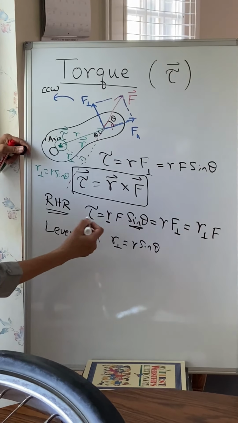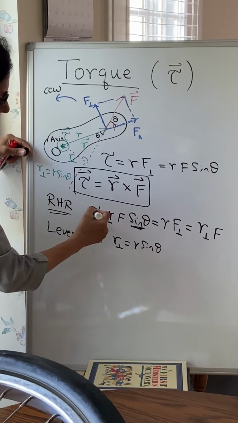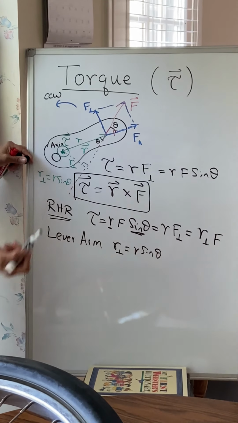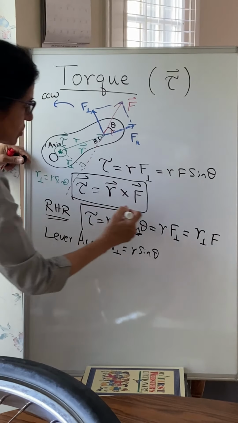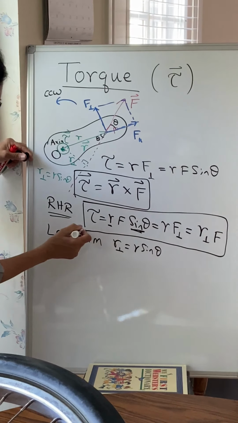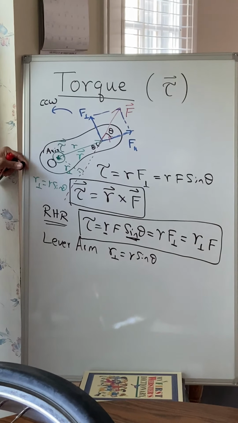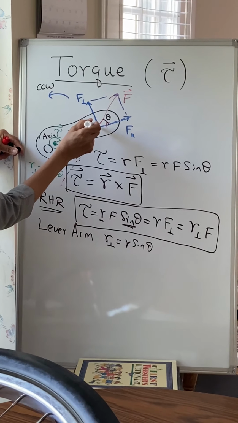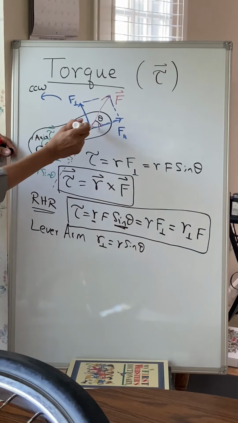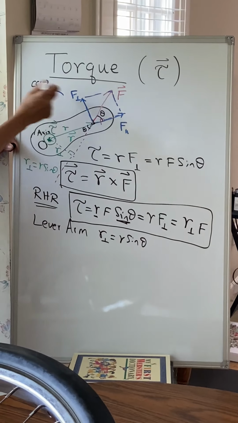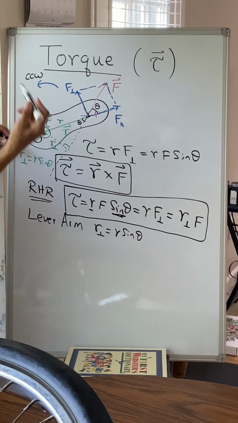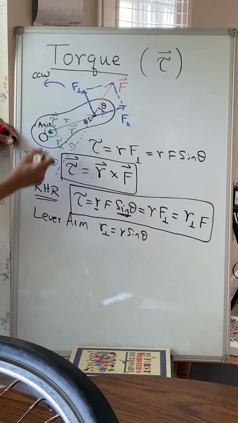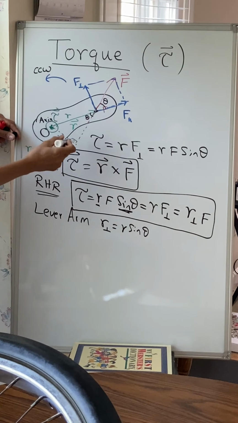So torque, you can think of it in one of these three ways. You can either say it's just R times F times sine theta, that's basically R cross F, or you can say the distance of the point of application from the axis times the perpendicular component of the force, or you can say all of the force multiplied by the lever arm, you see.